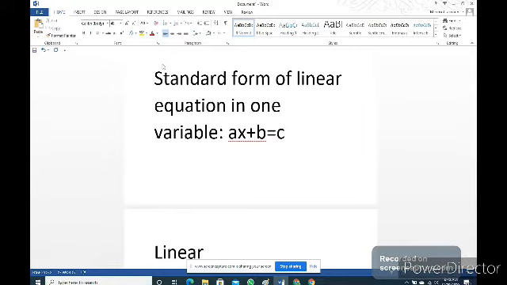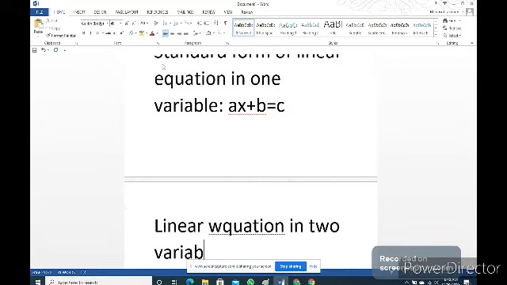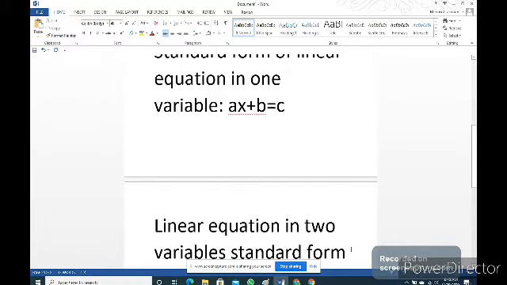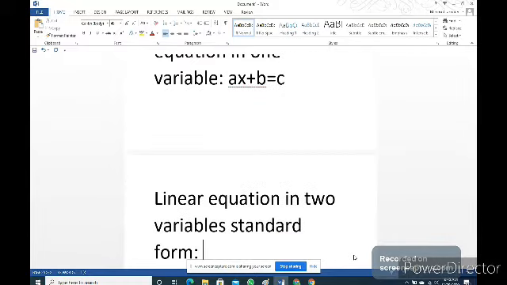So, a linear equation in two variables, standard form. It is represented as ax plus by plus c is equal to 0, where a, b, and c are numbers and x and y are variables.